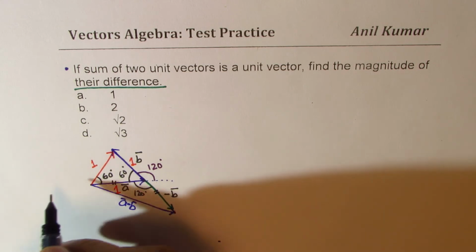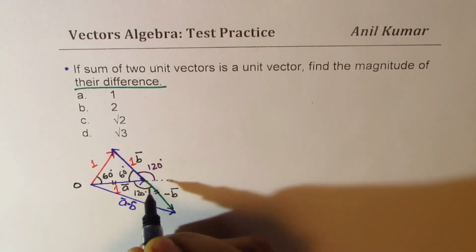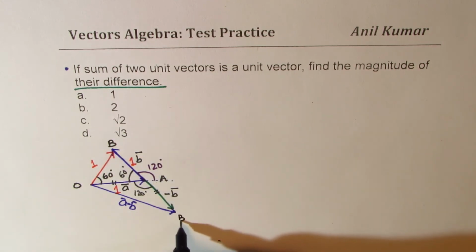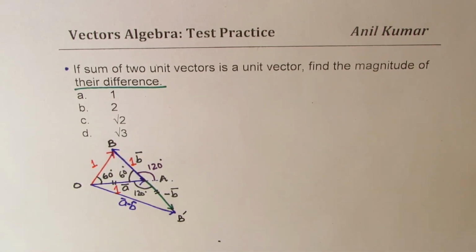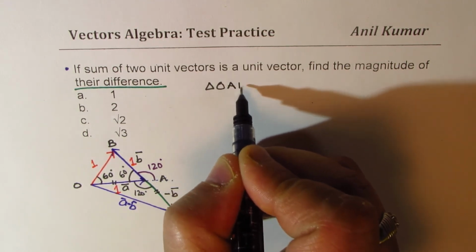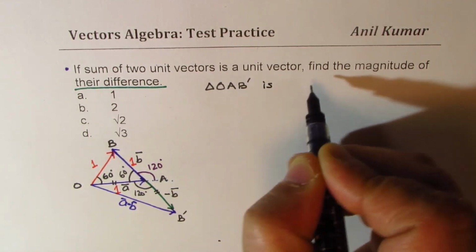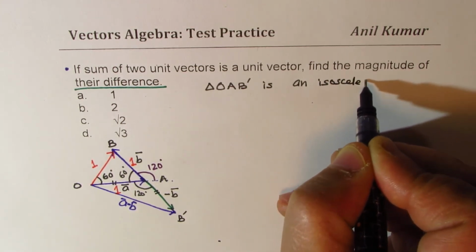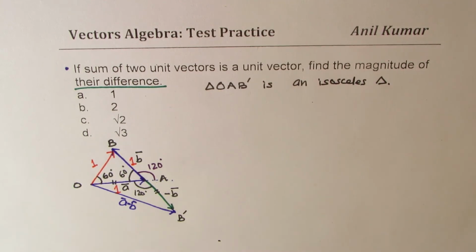Let's label this triangle. Let's say O, A, and this point is B, and this point is B dash. So what we find from here is that the triangle OAB dash is an isosceles triangle. Correct?